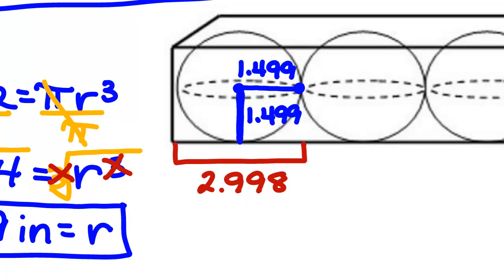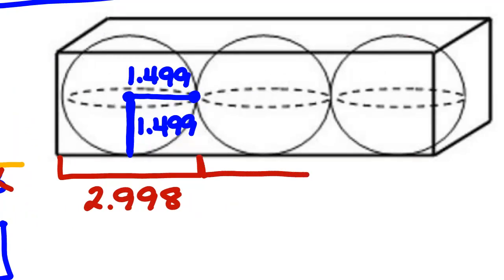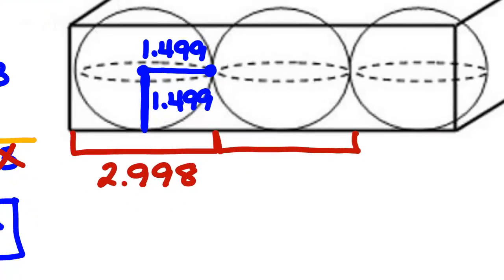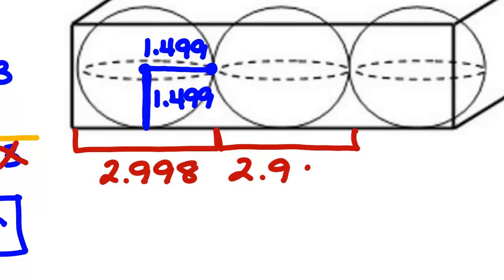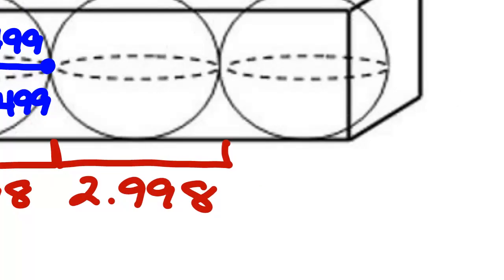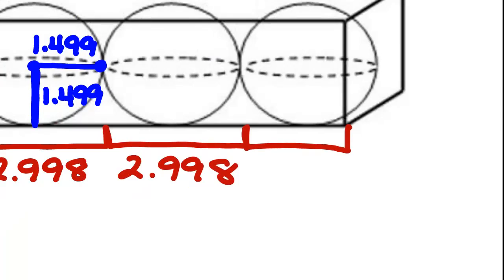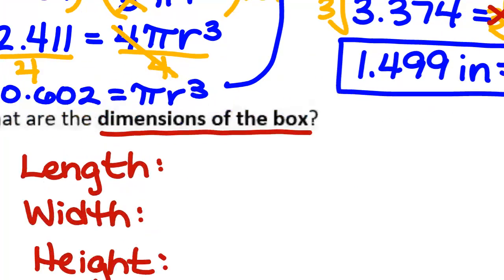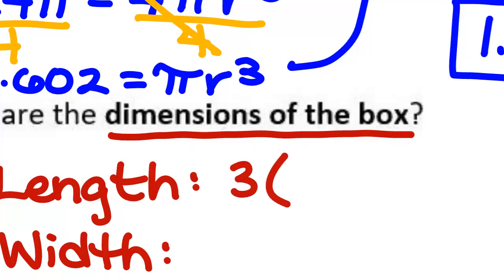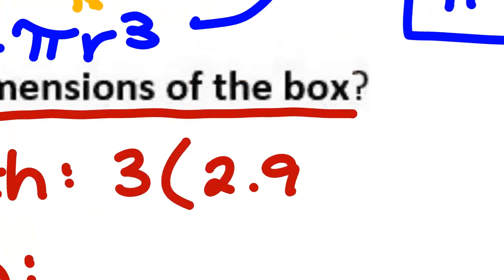2.998. The ball right next to it would be how wide at its widest point? 2.998. And the third ball? How wide would the third ball be? 2.998. So for the length of the box, I'm going to do 3 times 2.998.